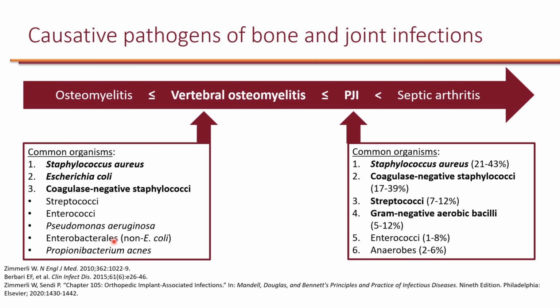Now, for prosthetic joint infection, the common organism by far is Staphylococcus aureus, causing the majority of infections, followed by coagulase-negative staph, and this is because of their propensity for forming biofilm, followed by streptococci, gram-negative organisms, as well as enterococci and anaerobes. In fact, as a general rule, all microorganisms can cause prosthetic joint infection because of the presence of a foreign object in the body.